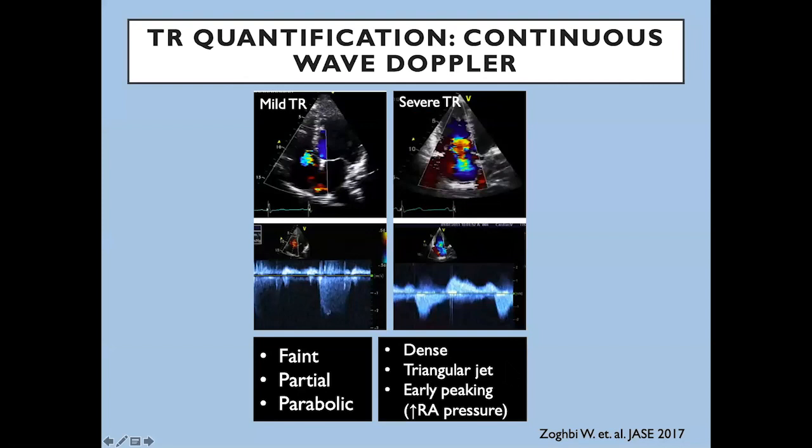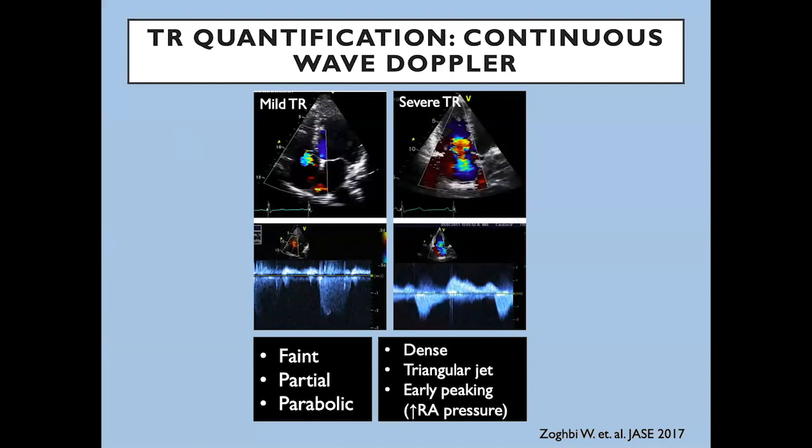So let's look at a number of non-quantitative parameters that can also help in the evaluation of tricuspid regurgitation severity. The first one here is the continuous wave Doppler signal. So we know that the signal intensity of the continuous wave Doppler jet can help distinguish between severe TR and mild TR.